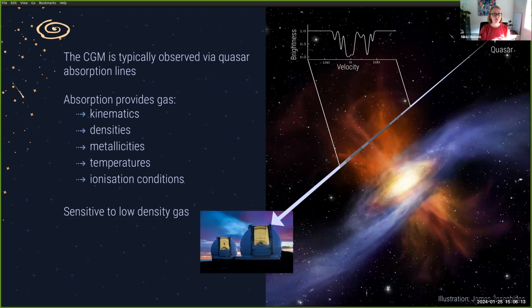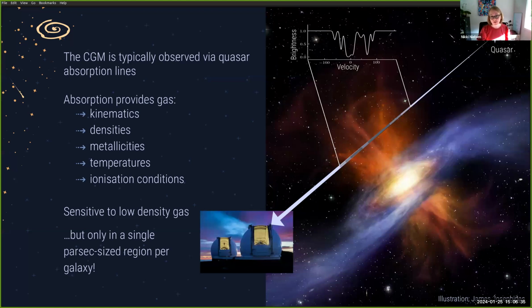However, a big problem with quasar absorption lines is that we typically only get one single sight line per galaxy, and it only subtends a parsec-sized region around that galaxy, whereas the CGM has a much larger area around the galaxy. So we're kind of missing a lot of the gas.